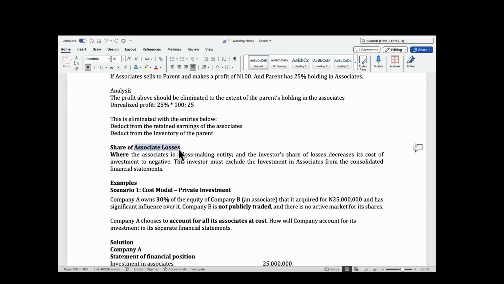What if the associate is making losses? That means that your cost of investment will be reducing.